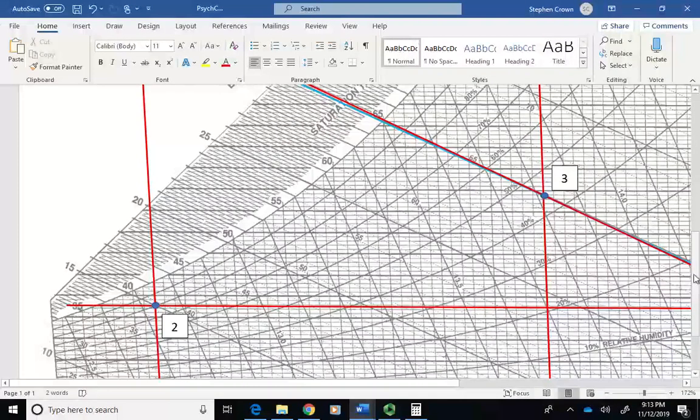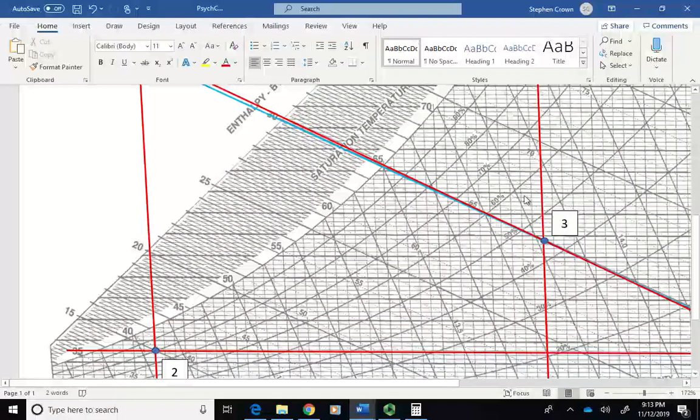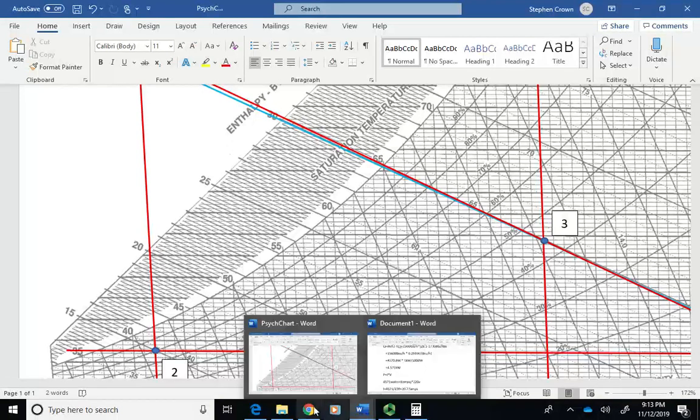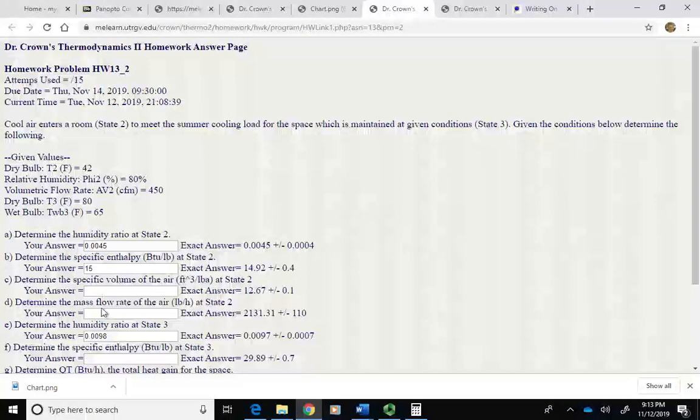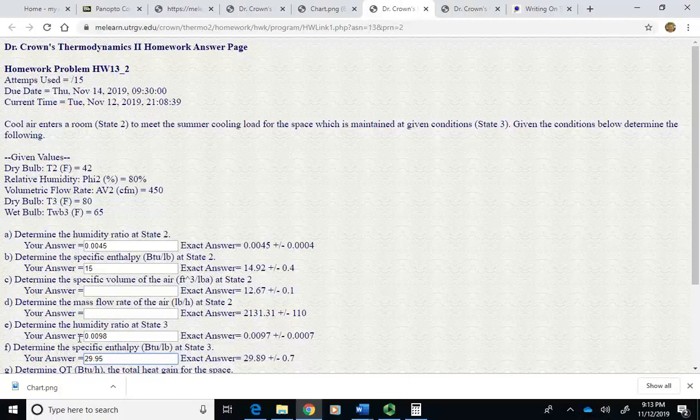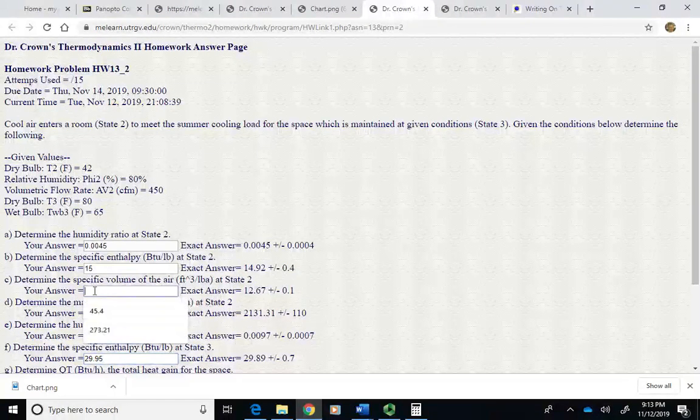And now I can read this other enthalpy, which is very close to 30, but we could maybe say 29.9 something, 29.95. All right, and specific volume of the air at state 2, I can try and read that.